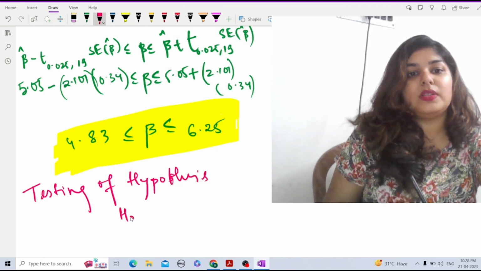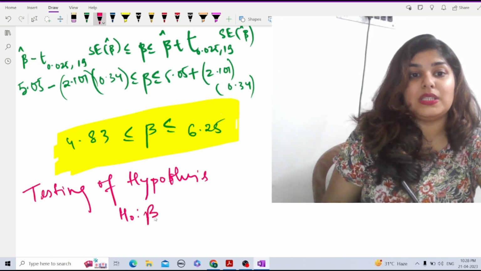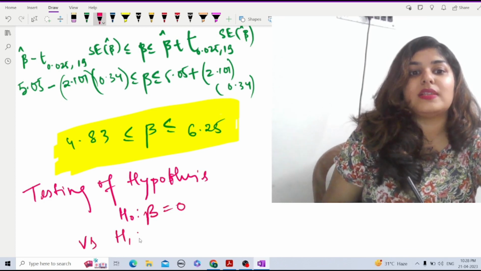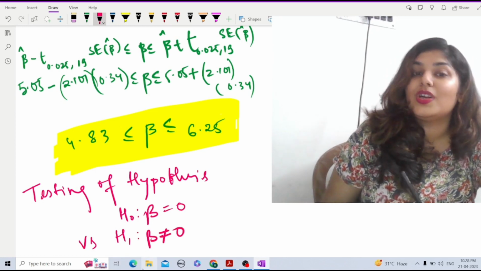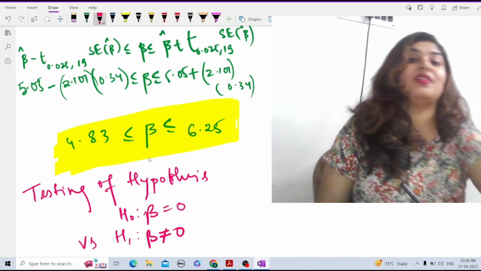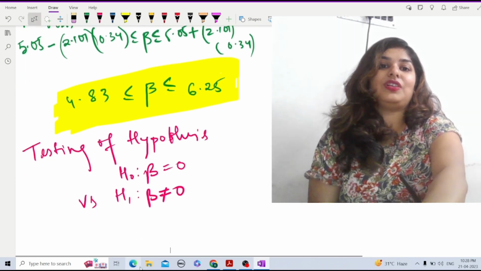So our null hypothesis is there is no dependence between x and y, that means beta is equal to 0, versus the alternative hypothesis that there is dependency, so beta is not equal to 0. We have to see whether there is dependency or not depending on the value of the test statistic we get.